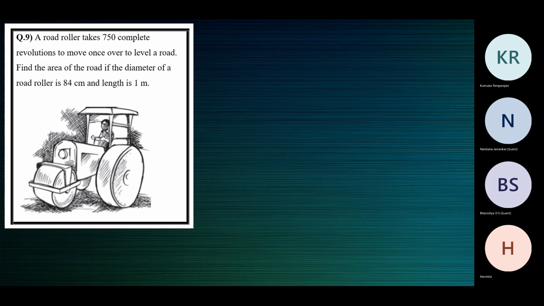A road roller takes 750 complete revolutions to move once over to level a road. So there's a road, and to level the road, the road roller takes 750 complete revolutions.